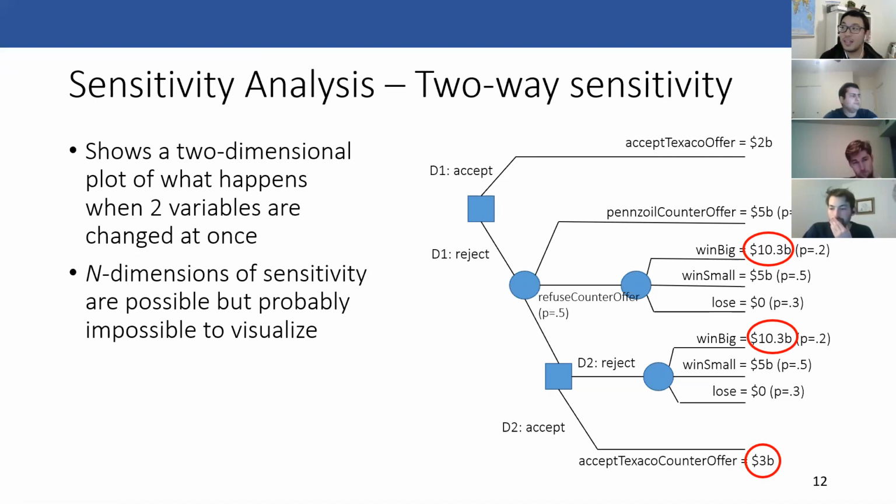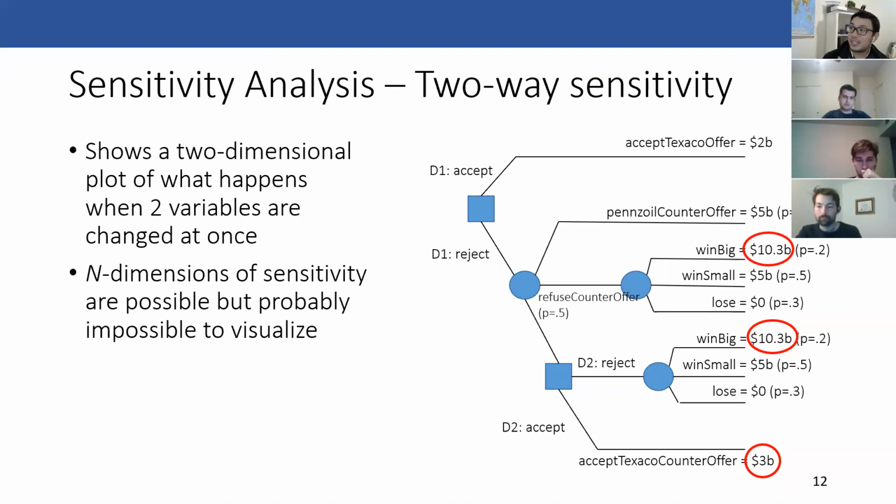It's kind of like a tornado diagram, but now I actually have to look at a whole series of values. Instead of just looking at the high and low for one variable, I'm essentially going to say, okay, what if I do the low of one variable versus the low of another variable, or low and then medium, and then low and high, and doing all of those combinations. And that gives you this sort of map of what your outcome or your expected value might be.